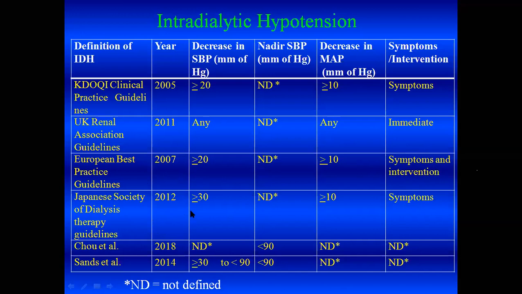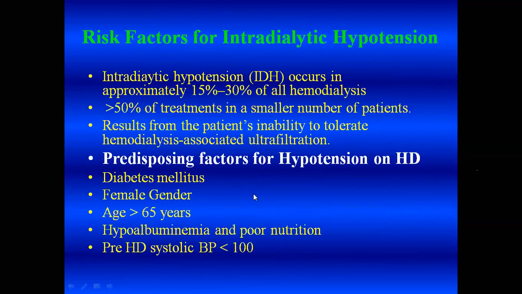The Japanese Society takes 30 and 10 with the presence of symptoms, and two more recent studies have said a systolic blood pressure of less than 90 with a drop in diastolic blood pressure, or with a drop in systolic blood pressure of 30, either or, is defined as hypotension on dialysis.